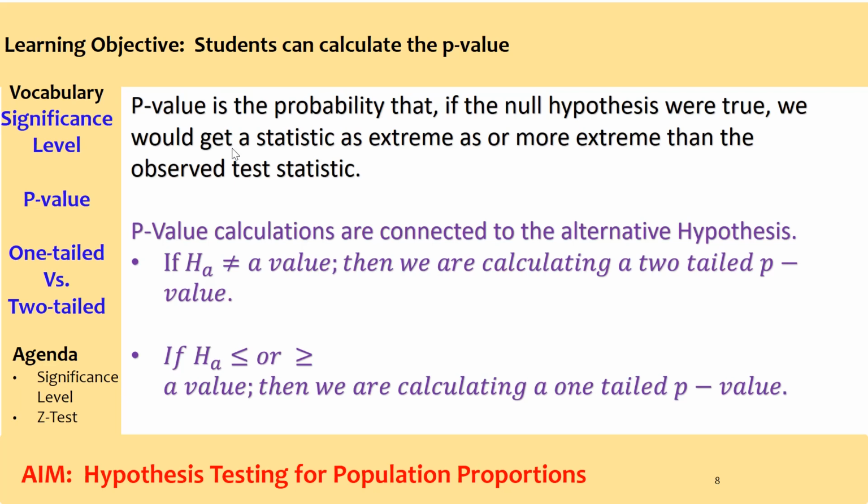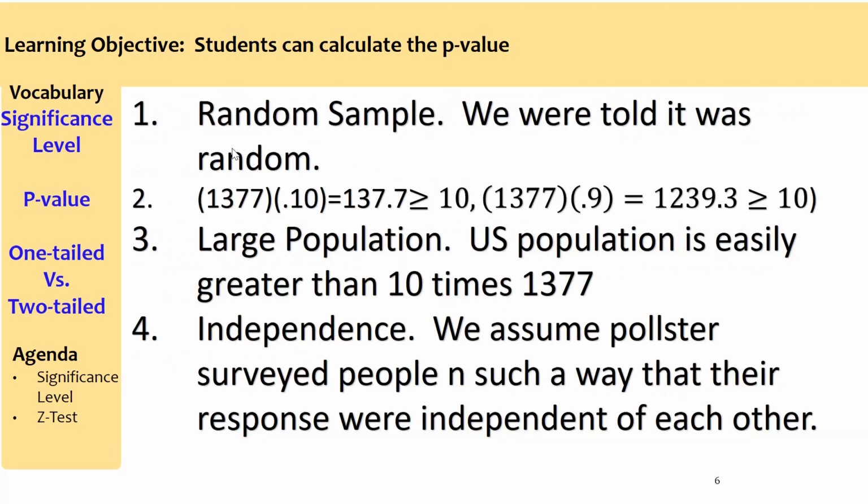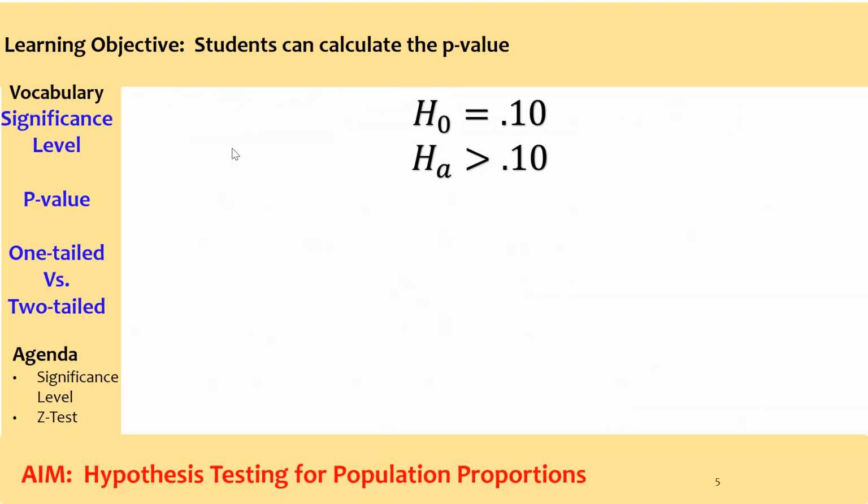For example, if it's supposed to be 10, how crazy is it that we got 19? Is it crazy enough to say that the null hypothesis is not true anymore and we can throw it out and therefore use the alternative hypothesis?